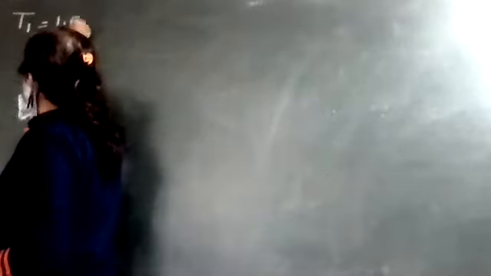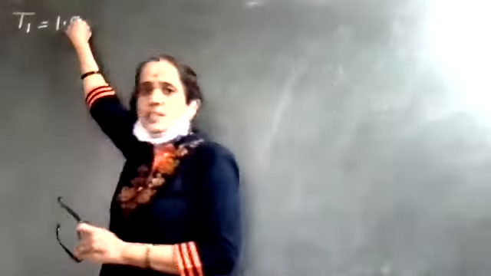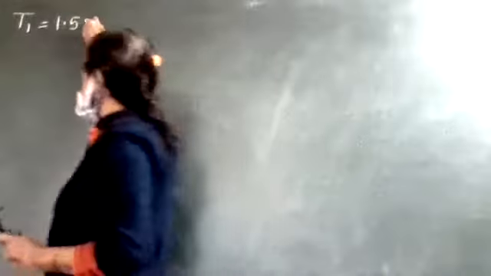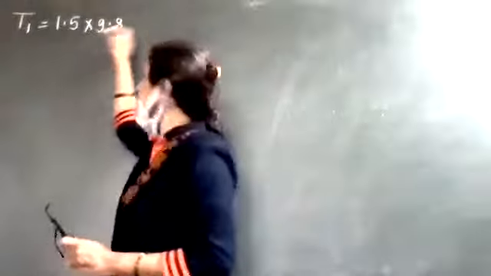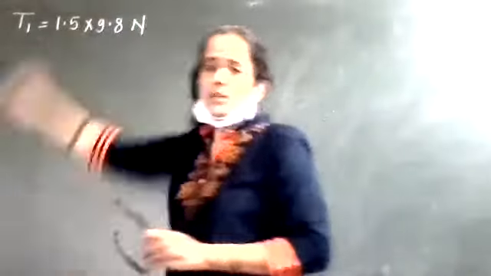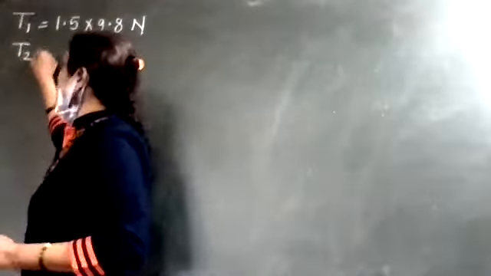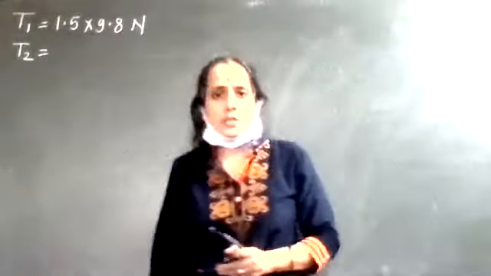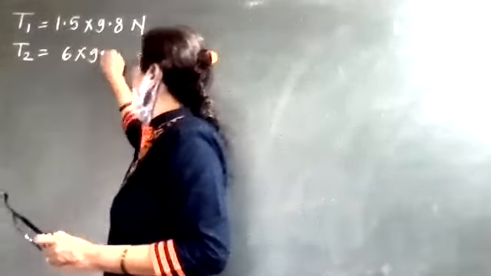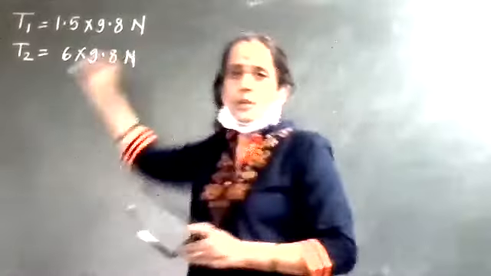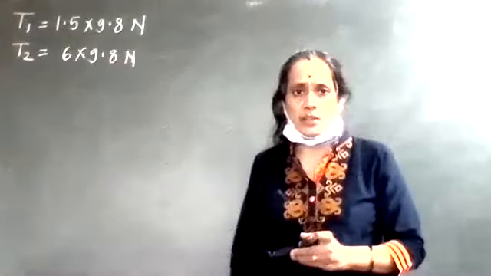So I say that the first wire is loaded with tension T equal to 1.5 kg. Kg is the mass, so the tension is mass into g, that is 9.8. That much is the tension in the first wire. And the second wire is loaded with a mass of 6 kg, so 6 multiplied by 9.8.